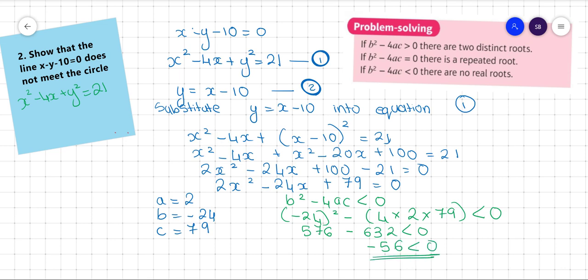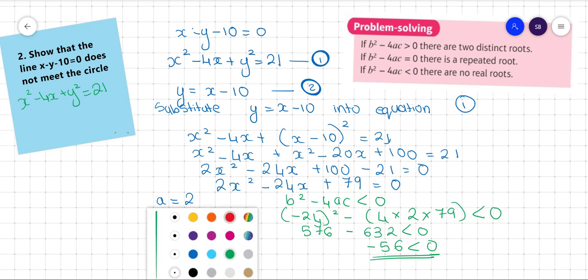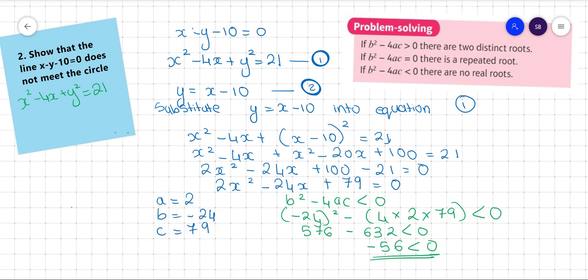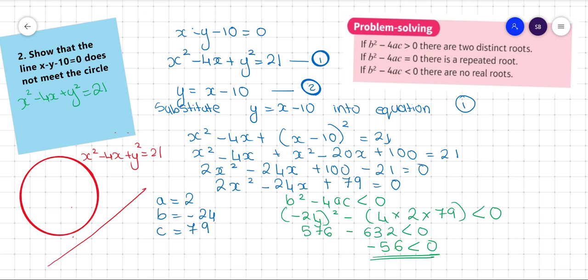Therefore, this proves that this particular line will not intersect the circle at all. So now if I want to draw a diagram to represent this question, the circle is here whose equation is x squared minus 4x plus y squared is equal to 21, and the straight line will not intersect the circle at all.